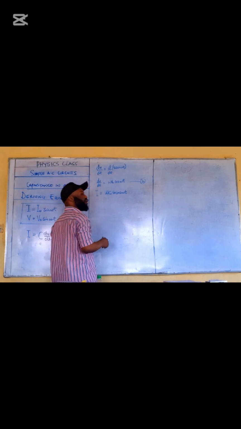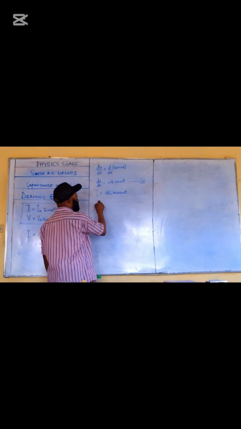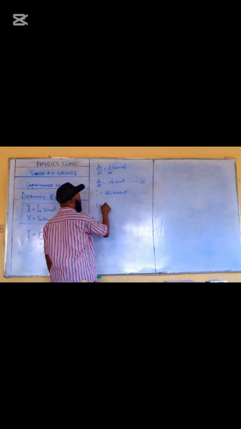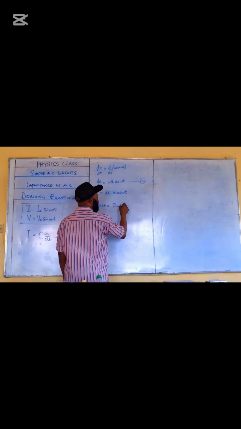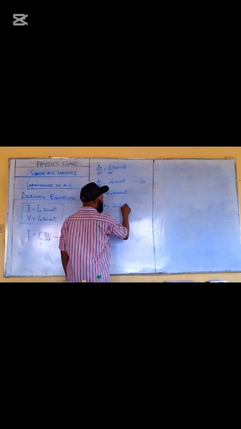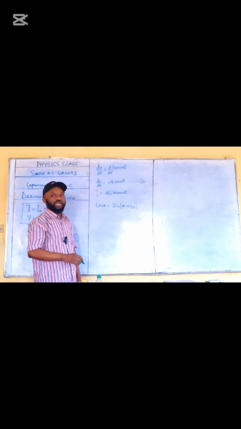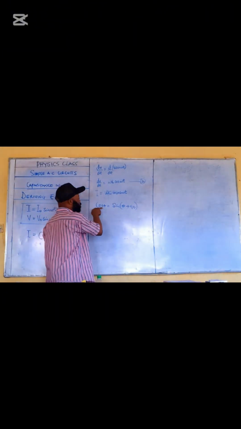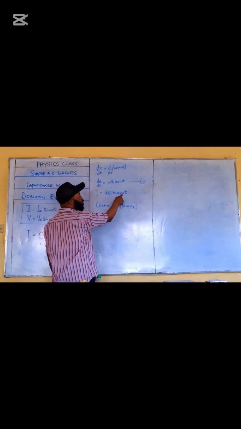But remember, from the foundational class in trigonometric ratios, that cos theta is equal to sine of theta plus 90. Remember this from the introductory class in trigonometric ratios. So substituting this, theta is the same thing as WT.